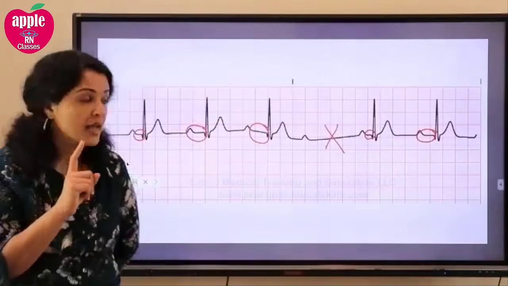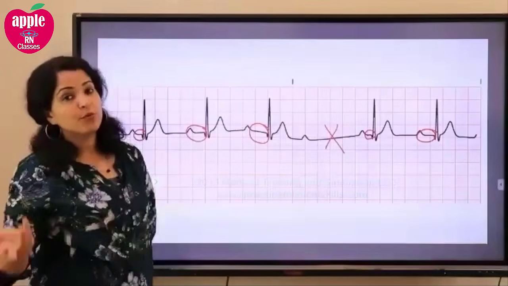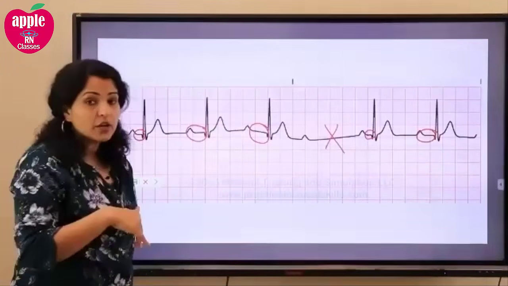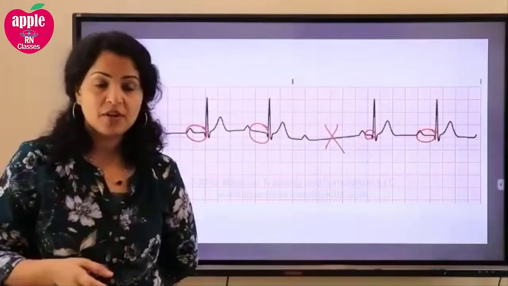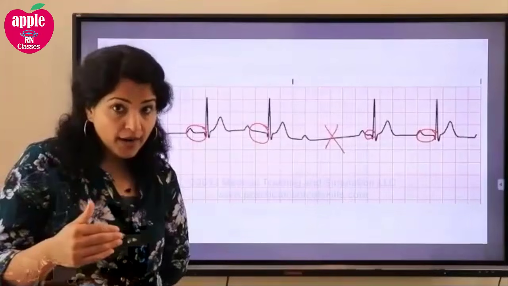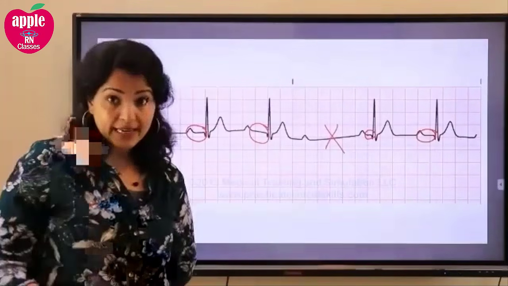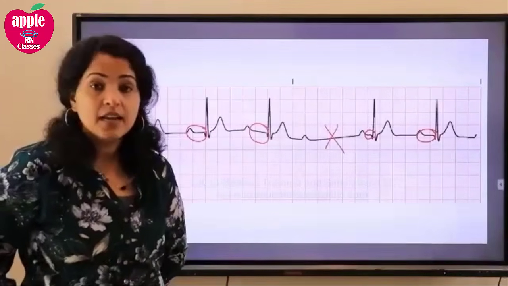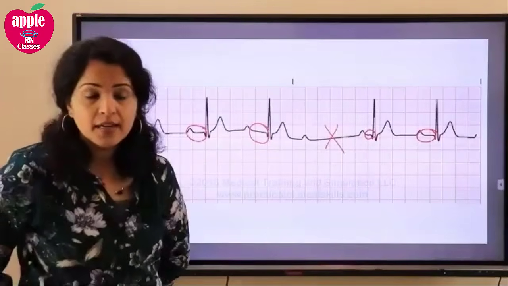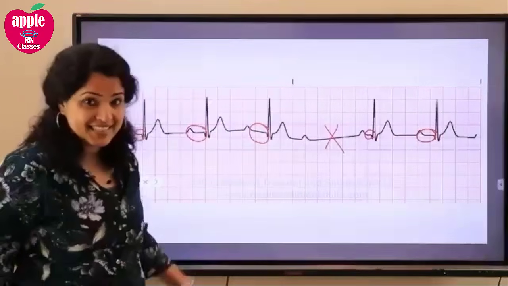If the PR interval was the same, then it would be type 2. But here it's Wenckebach. Second degree type 1 is also known as Mobitz type 1 or Wenckebach, right? So if it doesn't say type 1 and it says Wenckebach, you know what you're looking at.